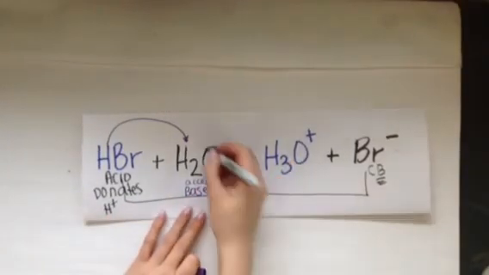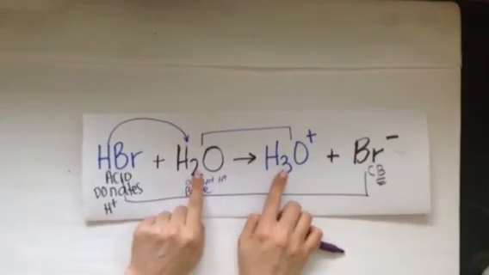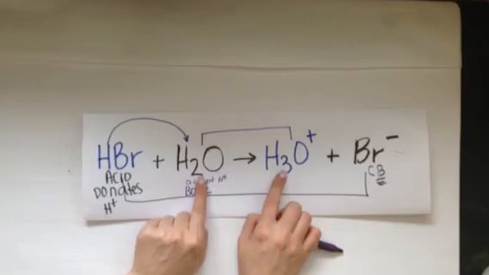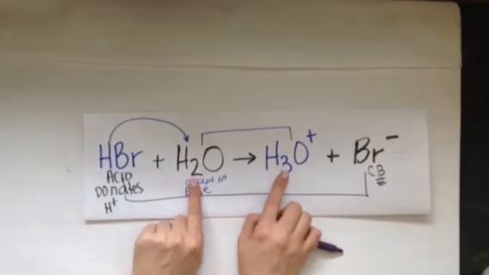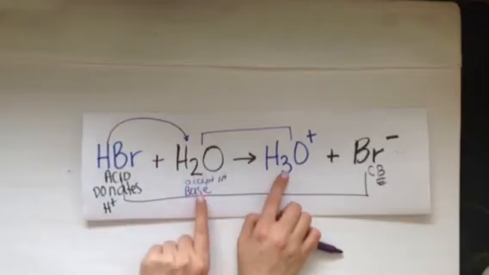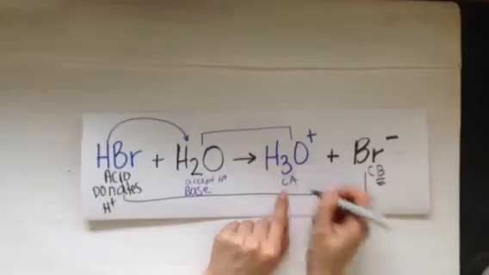Okay? Let's find its conjugate. Well, it must be the other thing, right? Let's make sure that works out. First of all, they look alike. If you notice, conjugates look somewhat alike. Then the real definition is they differ by 1 hydrogen plus. So I've got 2 H's and 3. There you go. That's a difference of 1. These are conjugates. We label this base, and on the other side is its conjugate acid.